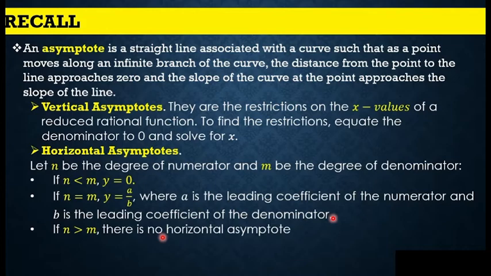The leading coefficient is the number katabi ni variable, like 2x, the leading coefficient of 2x is 2. If n is greater than m, there is no horizontal asymptote.